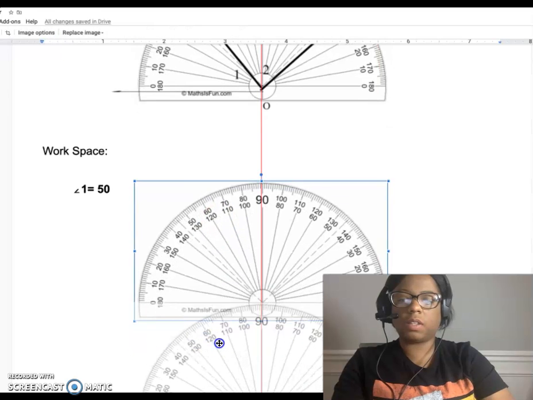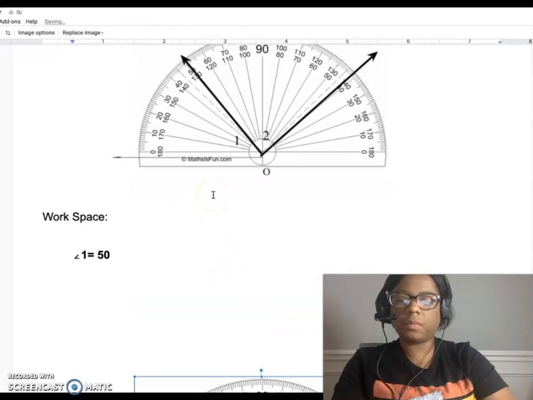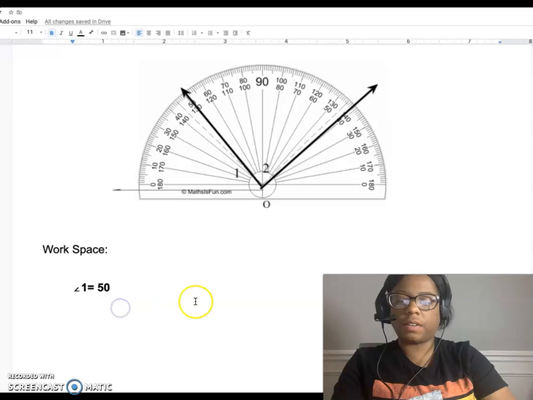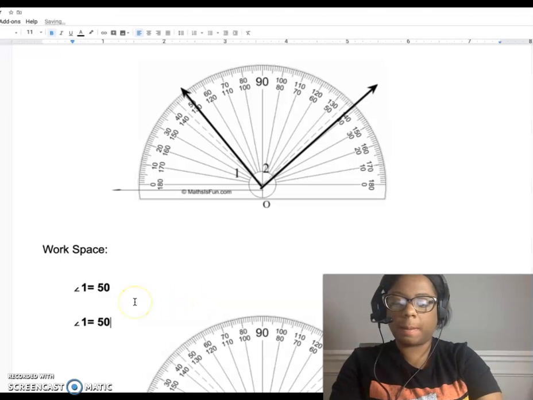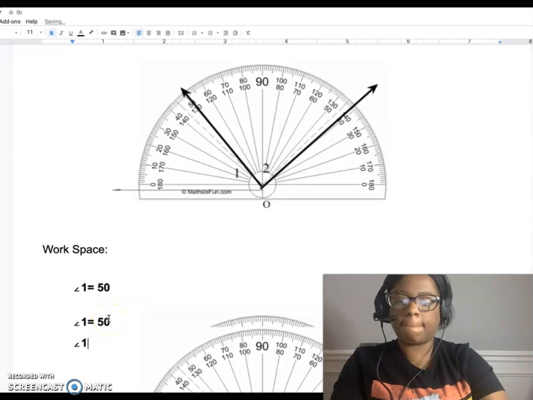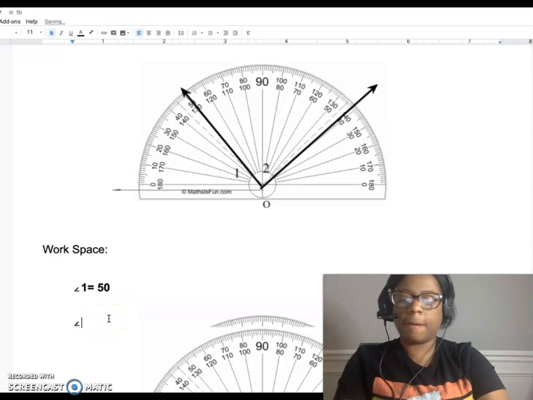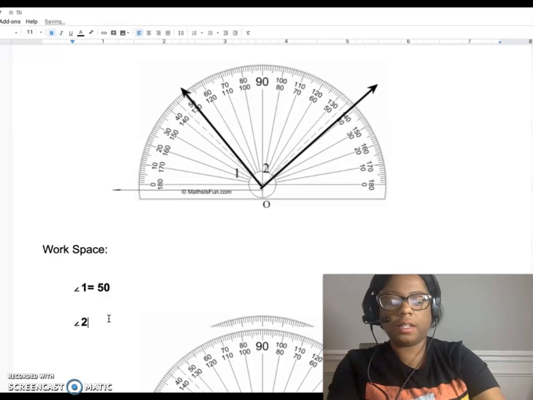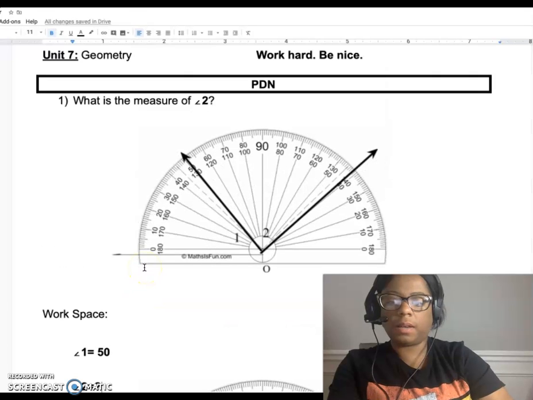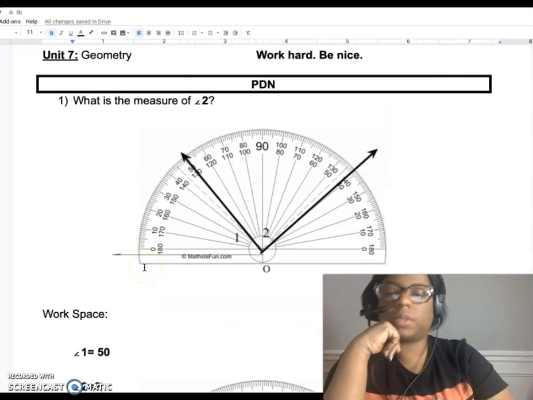Let me move all of this out of the way. Now we're trying to figure out what is angle number 2. So we'll put that as the unknown. And how do we figure that out?